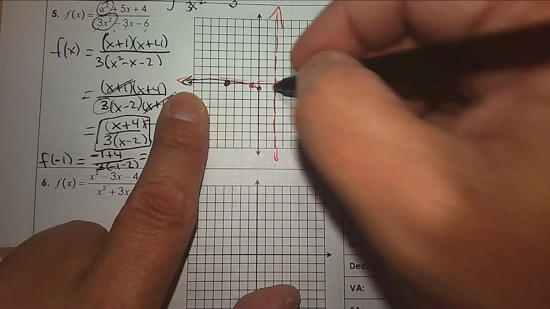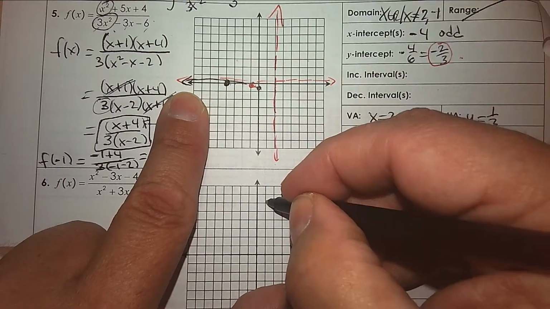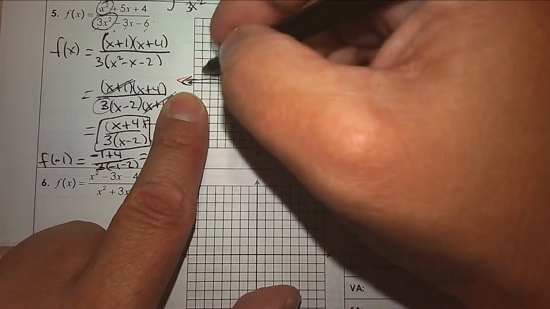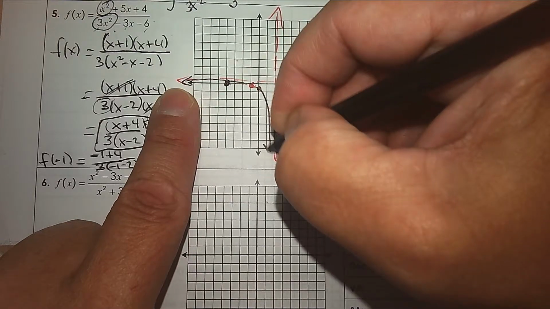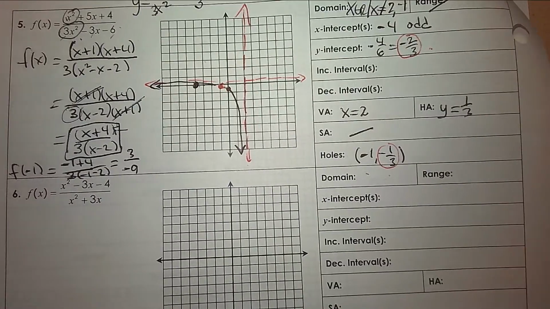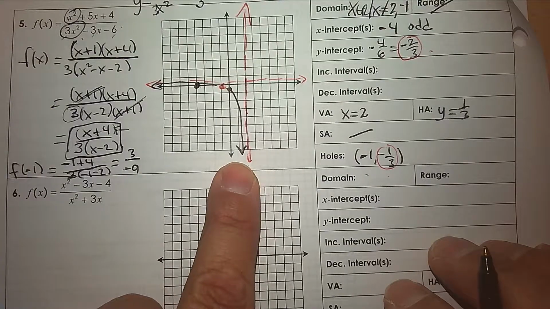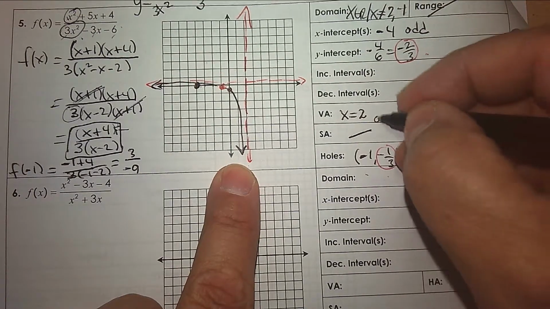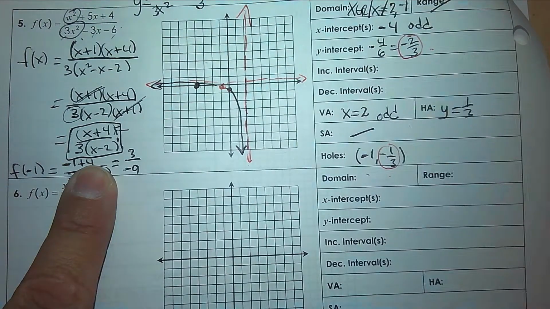When it goes to the vertical asymptote, you'll either go up forever or down forever. So if you follow the journey of those points, can you see what direction we're going? Now, is this vertical asymptote odd or even? And when I look at the denominator, what exponent don't you see?